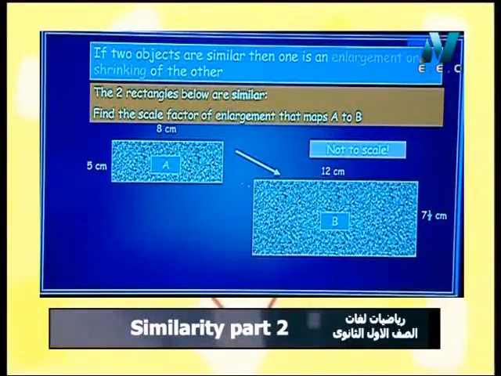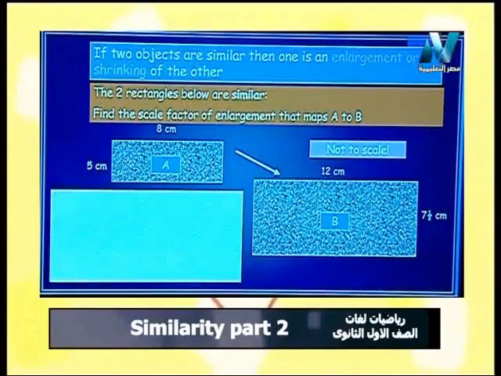Okay, let's go to the next slide. We have here two rectangles, rectangle A and rectangle B. This side equals 8 centimeters and this side equals 12 centimeters. Here we have 5 centimeters and this width equals 7.5 centimeters.